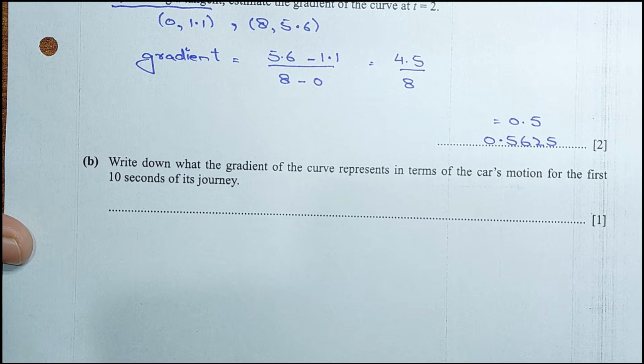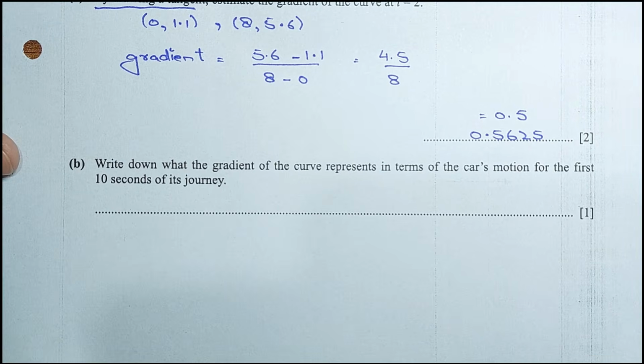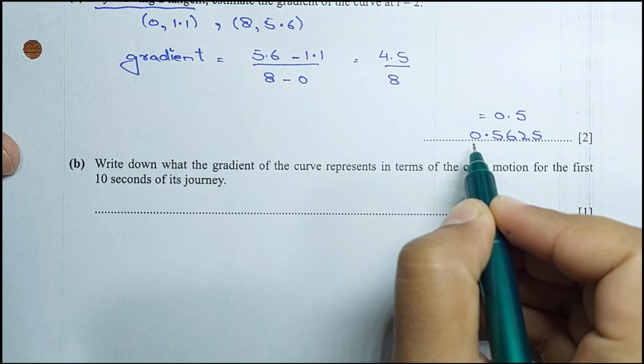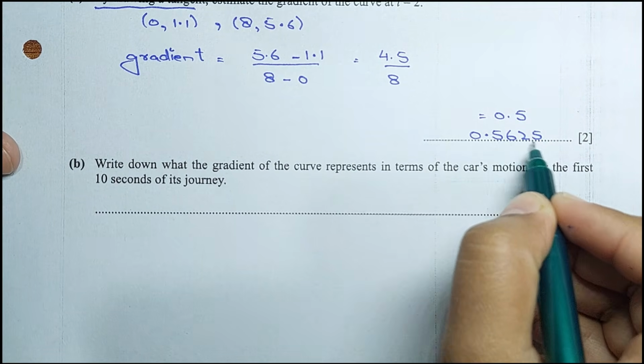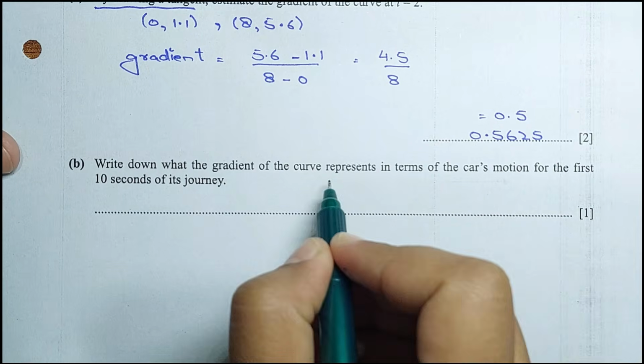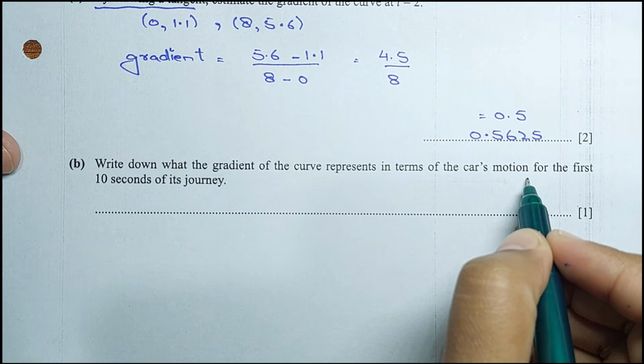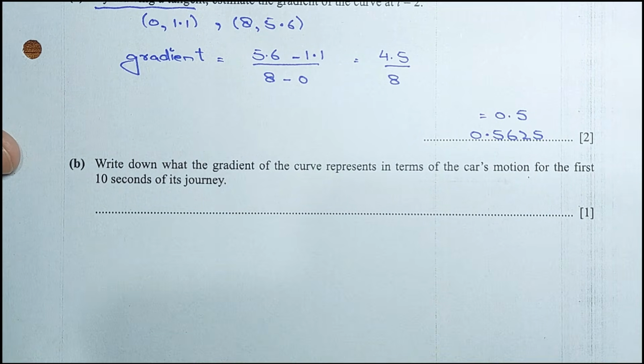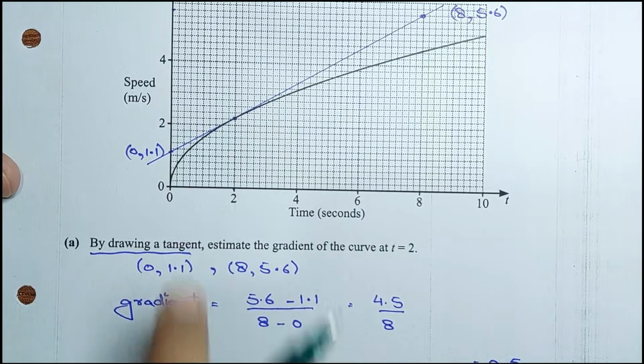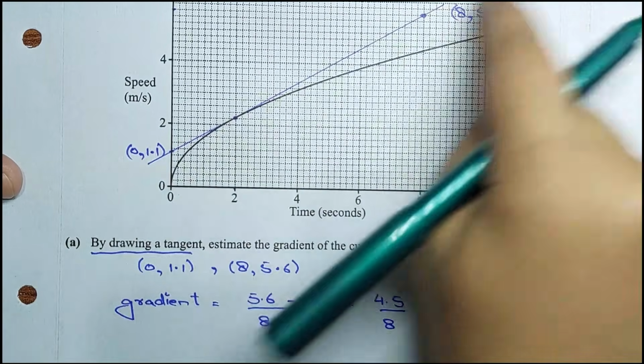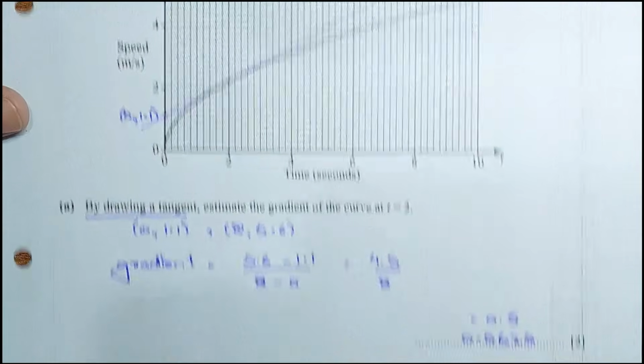Now moving to part B: write down what the gradient of the curve represents in terms of the car's motion for the first 10 seconds of its journey. As you can see, the gradient of the curve is 0.5625. In terms of the car's motion, the speed of the car is increasing; it is accelerating.